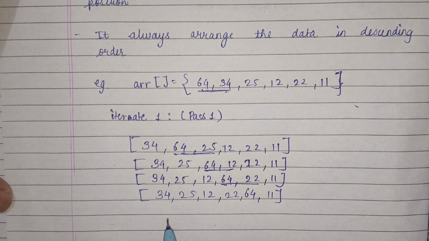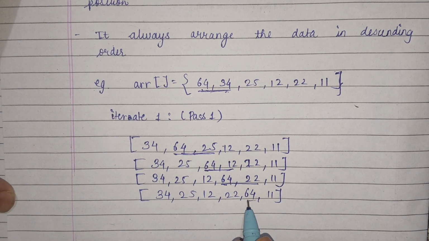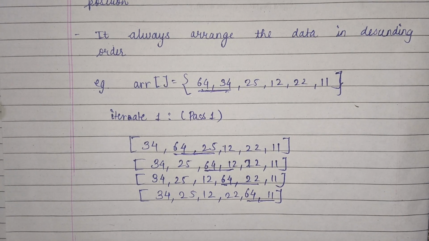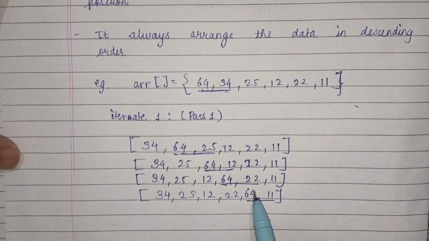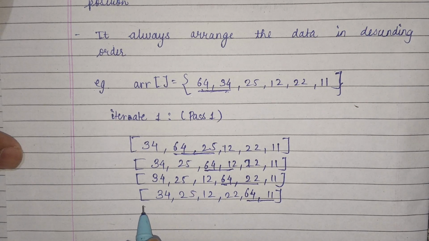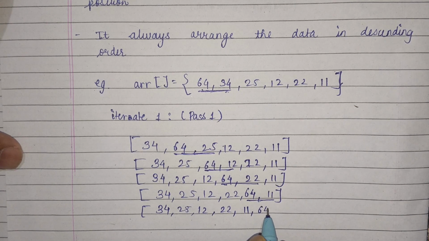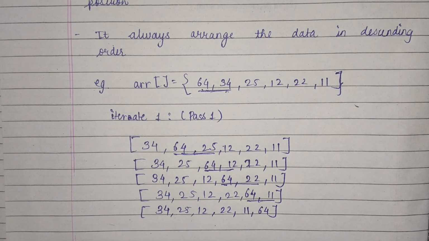Now we'll compare 64 and 11. Obviously 11 is less than 64, so it will get swapped. The rest of the elements will be the same, and 11 and then 64 swap positions.